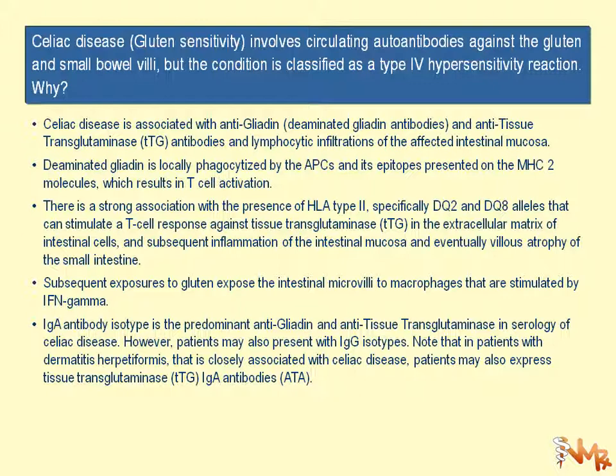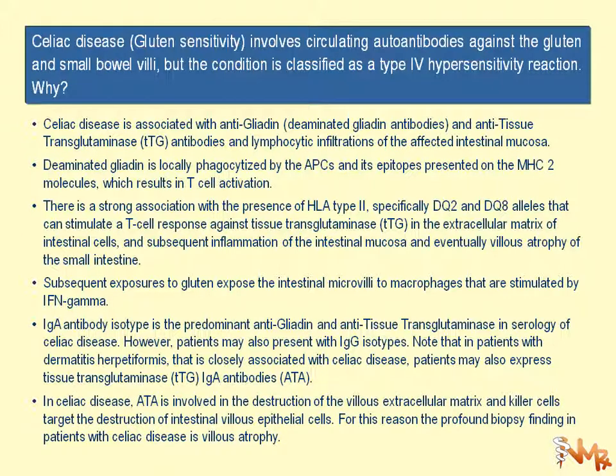I want you to note that patients with dermatitis herpetiformis, which is closely associated with celiac disease, may express tissue transglutaminase IgA antibodies. In celiac disease, these antibodies are involved in destruction of the villus extracellular matrix, and killer cells target the destruction of intestinal villus epithelial cells. For this reason, the profound biopsy finding in patients with celiac disease is villus atrophy.